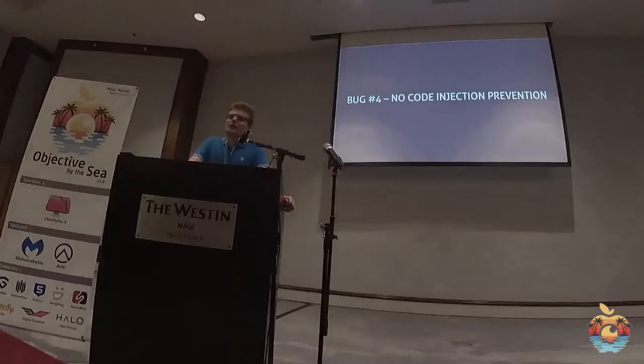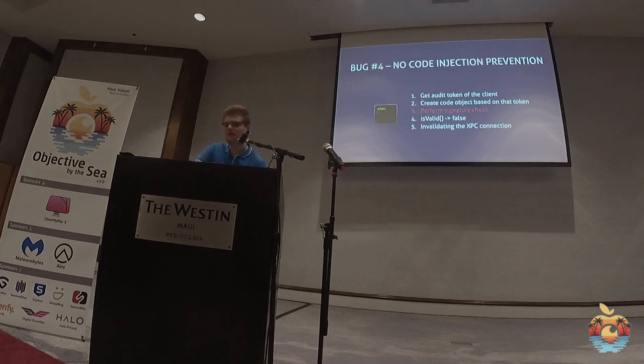So the fourth category of bugs that I've prepared for today, the last one, is no code injection prevention. Now our general validation algorithm looks as follows. We are now aware that we cannot use the process identifier, so we use the audit token of the client, create a code object based on that, and then perform the signature check.